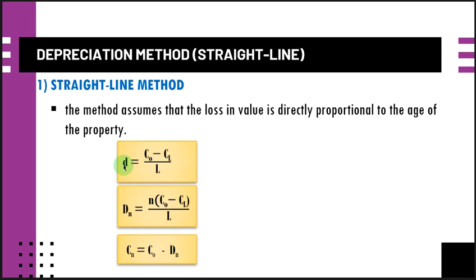Small d here is just the annual depreciation. Our capital D sub N is our total depreciation at the age n years, which is just equal to n times the small d.